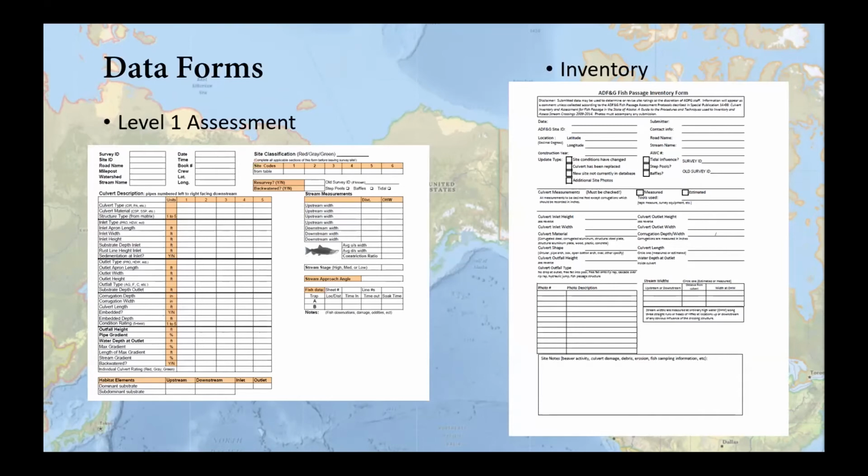So the level 1 assessment form is on the left and the inventory form is on the right. The inventory form was created to allow more data to be collected and presented on the mapper. And this is generally used to bring attention to sites that are not currently on the mapper, or if conditions have changed at that location.